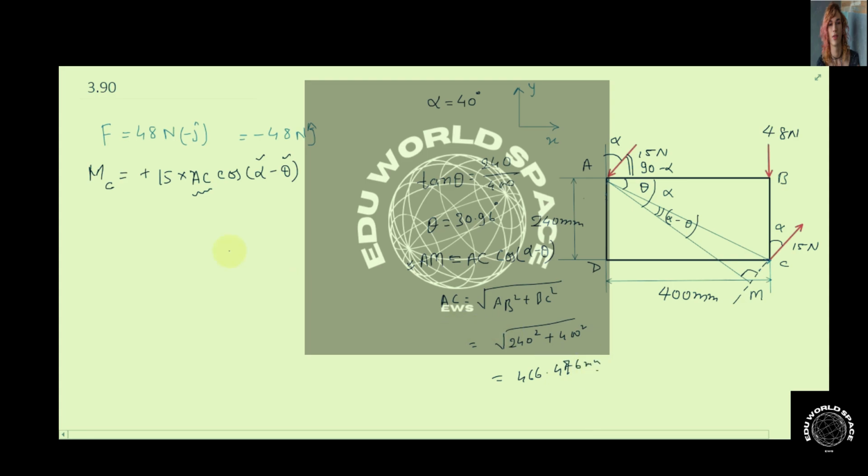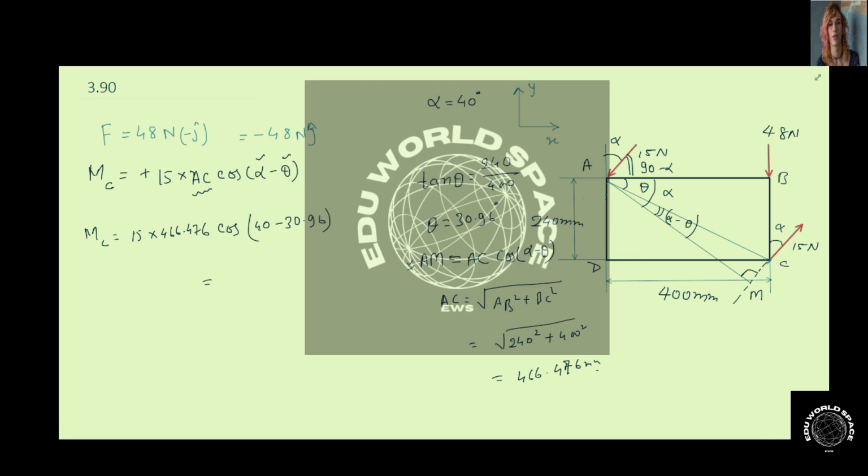Now AC is known, so we can put it here. So the moment about point C comes out to be 15 multiplied by 466.476 cos(alpha, that is 40, minus theta, that is 30.96).